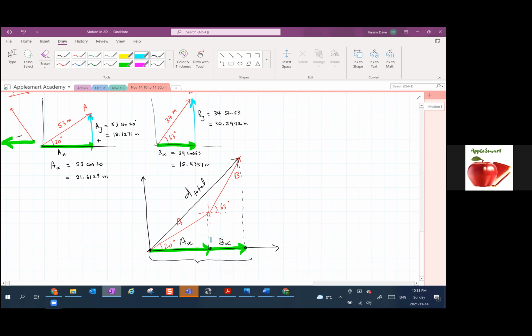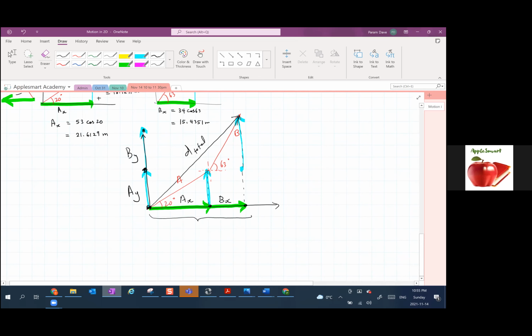That's the Y component. I'm just drawing it on the Y axis. And then my B goes from here to here, so the Y part. So these two Y parts are over here. So here to here is the motion along Y due to A, and then from here to here is BY.